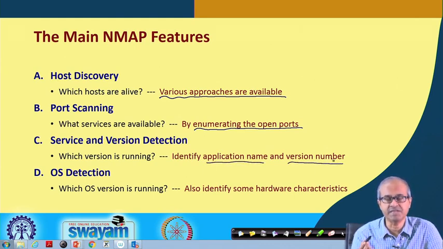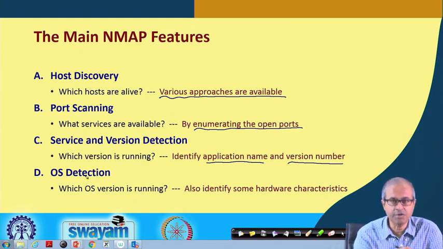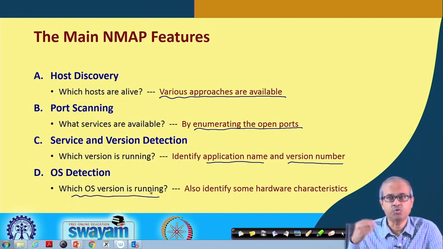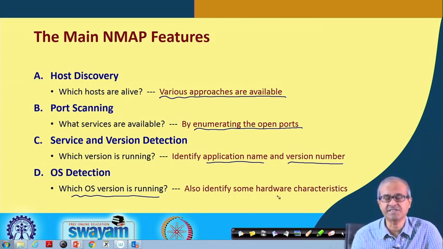For example, if there is a web server running, you can also get information about which version of the web server is running on a particular machine. Okay. And finally, operating system detection. So, you can get information about which OS version is running on a particular host or machine, and it can also identify some other characteristics at the same time. Okay.